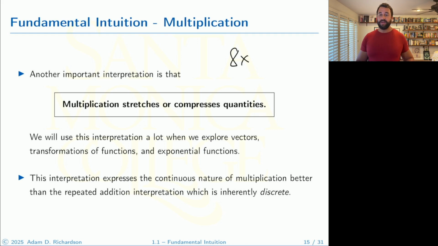We'll use this a lot when we explore vectors, transformations of functions, and exponential functions. This interpretation expresses the continuous nature of multiplication better, because repeated addition is inherently a discrete process. Discrete meaning you can cut it up into little chunks. Continuous is smooth, unbroken in some sense.